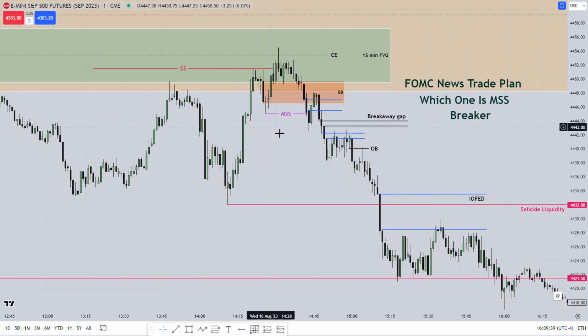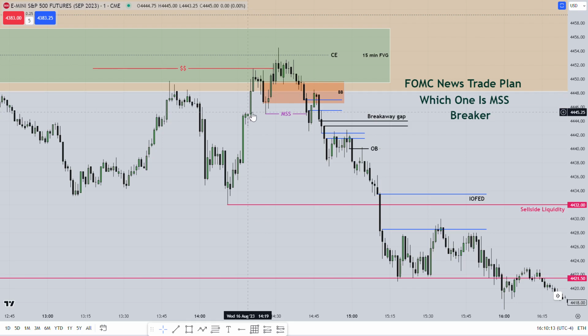Now come to the point of why this one is a market structure shift, and why this one is not a market structure shift. For me, to validate a shift in market structure, it should break an intermediate low, or an intermediate high. How can I know this is the intermediate low?